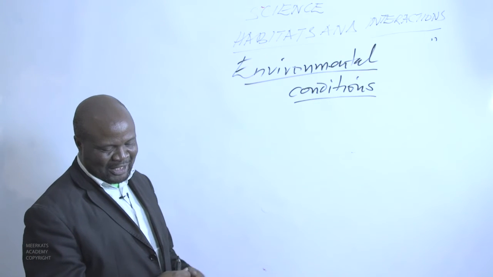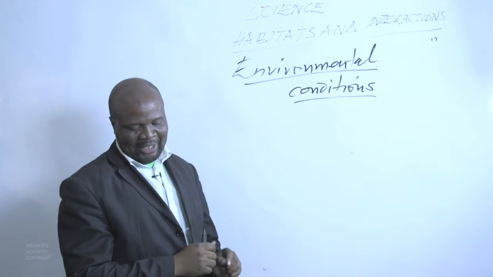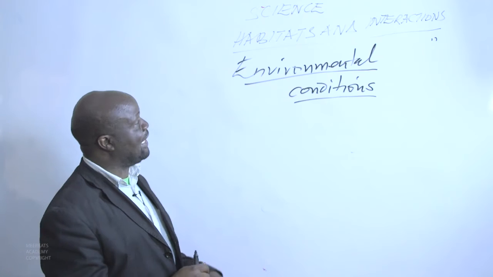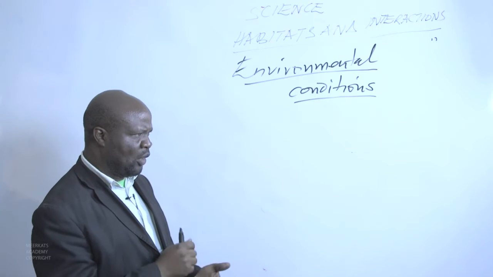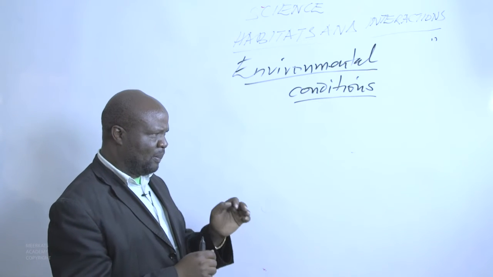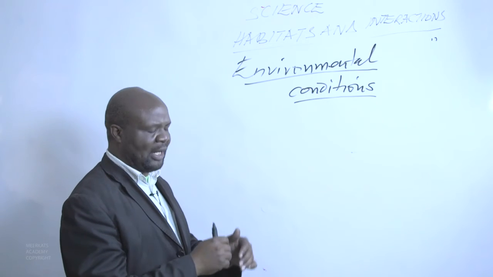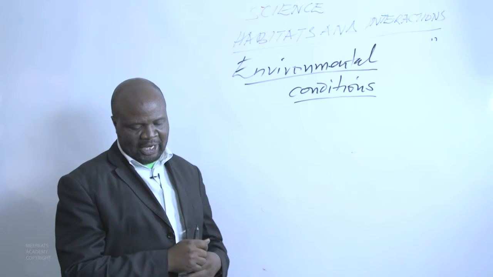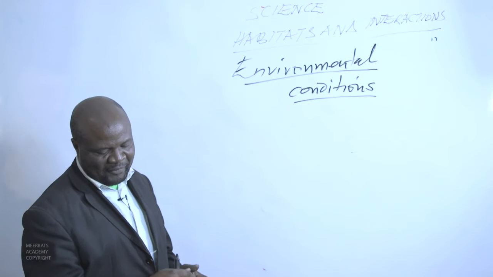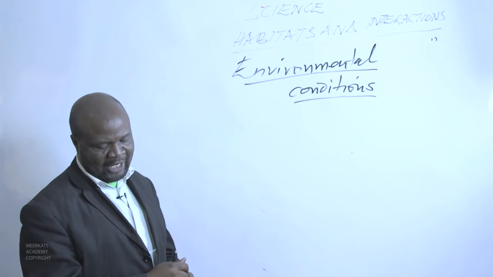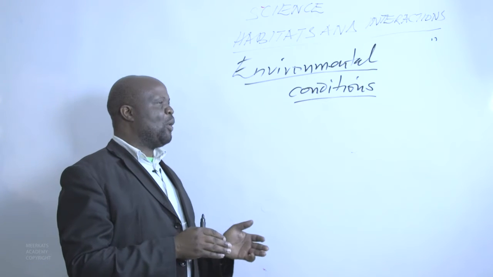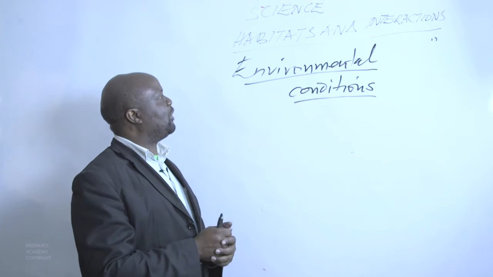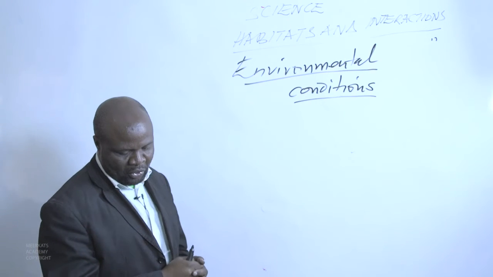How well an organism survives depends on how well that particular organism is adapted to the environmental condition in the area, and then it will exist very well in those conditions. The term environment is used to describe all things that affect a plant or an animal in its habitat. All things that affect a plant or an animal in its habitat is what we refer to as an environmental condition.